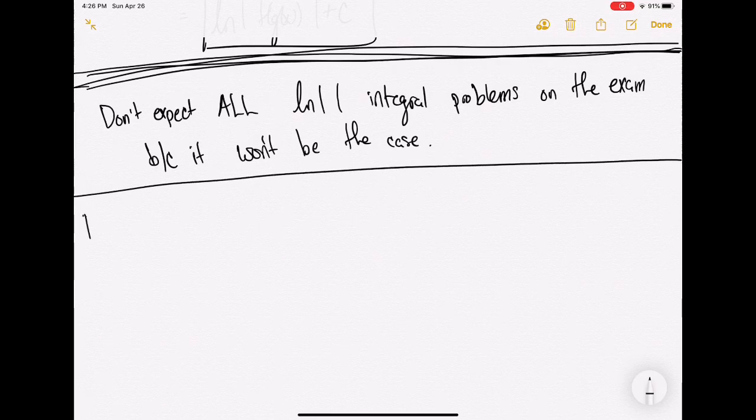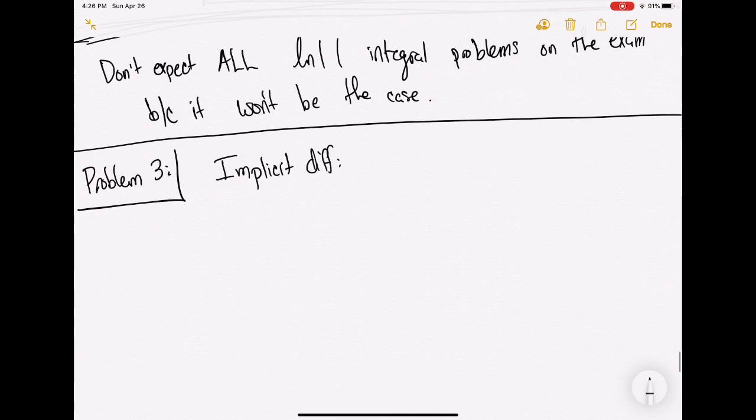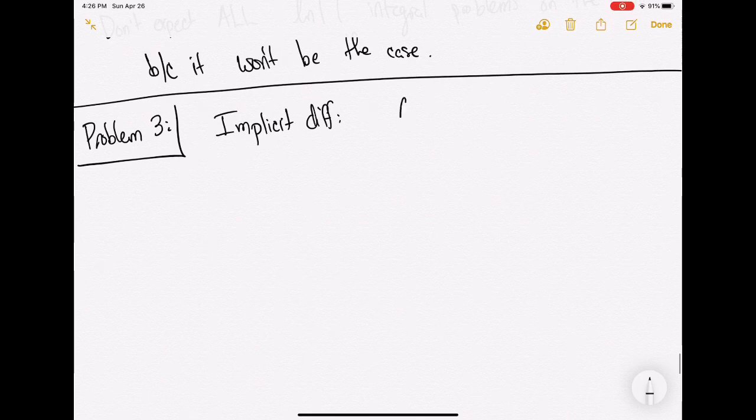Okay, problem 3. We're working on implicit differentiation. The actual question asks, suppose we let a squared plus b squared equal 2a plus 1 times b.